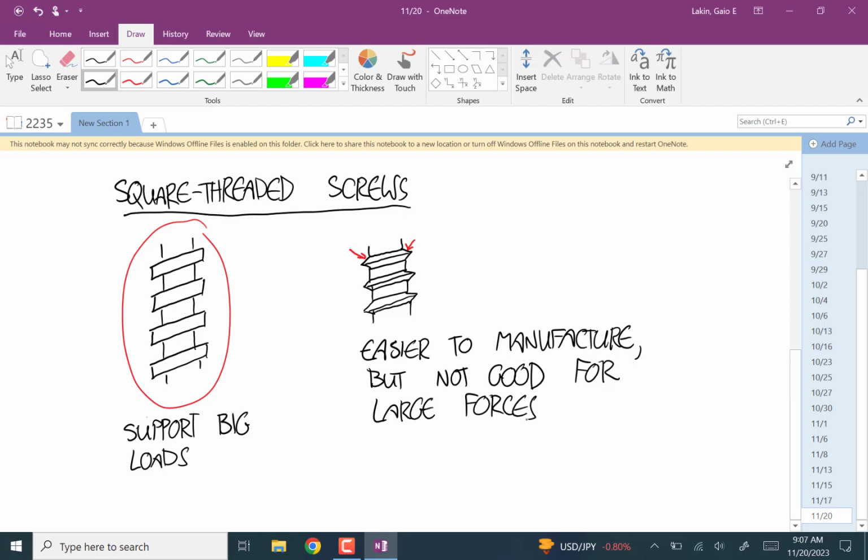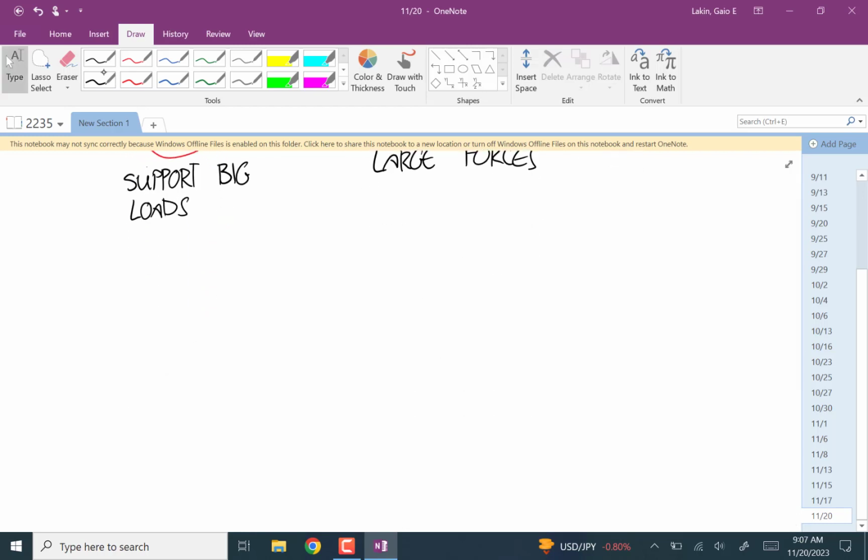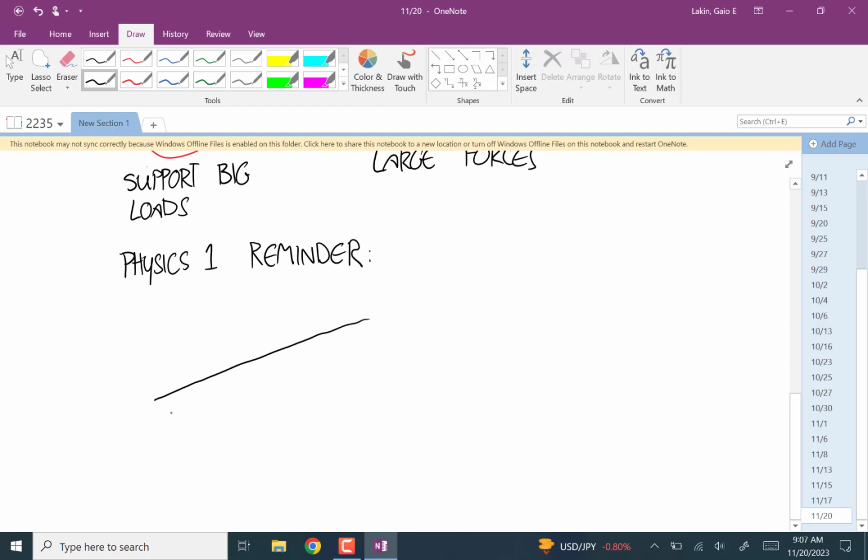Okay, so before we get into the calculations of square threaded screws, I want to remind you of a simple thing from Physics 1 that's going to be the basis of this calculation, and it's not clear why it is yet. So here's a Physics 1 reminder. Blocks sliding along ramps.